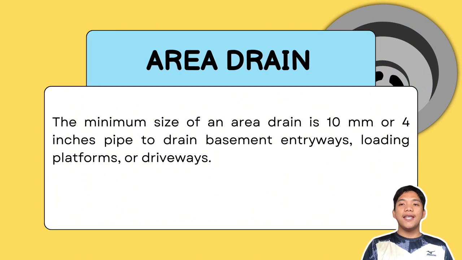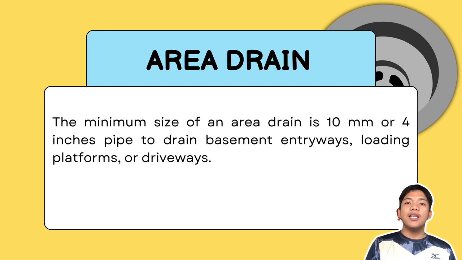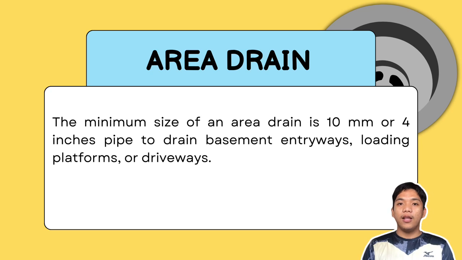So the minimum size of an area drain is 10 millimeter or 4 inches pipe to drain the basement entryways. Meaning to say, the pipe should be 4 inches wide in order to catch all that water and to prevent clogging. Dahil syempre, yan naman talaga ang una natin sinisafety when it comes to area drain. To prevent the clogging, hindi magka-clog yung ating pipes because mahirap nga itong i-fix dahil sa ilalim ito ng floor.